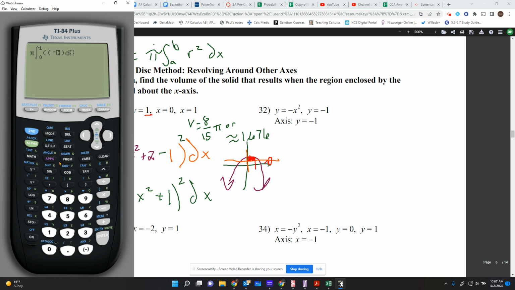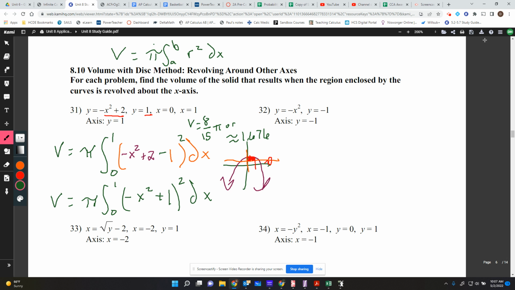So now negative x squared plus 1, close my parentheses, squared. That way everything that I wrote down is in that set of parentheses. And then dx and we get the 1.676. Now, me personally, I would have done 1.6755, but the answer sheet says 1.676. So that's how you do that on the calculator.